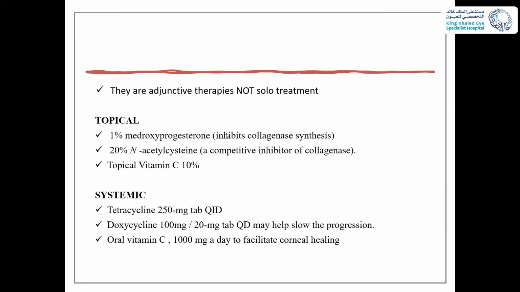We have topical anticollagenases like Provera, the 1% medroxyprogesterone, the gestational steroid. It inhibits collagenase synthesis. The 20% N-acetylcysteine is a competitive inhibitor of the collagenase. We also can use topical vitamin C as eye drops to enhance the collagen formation.